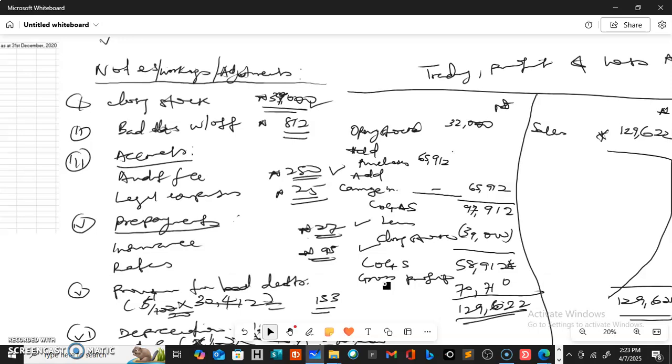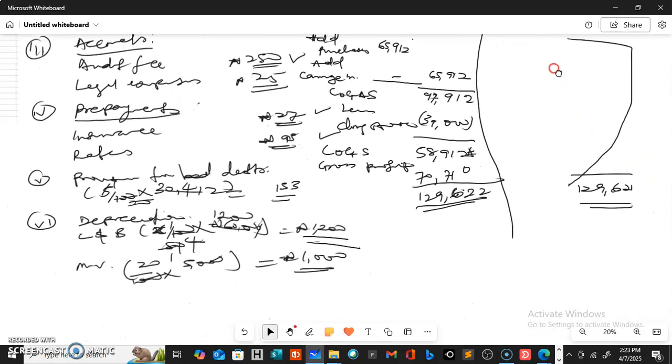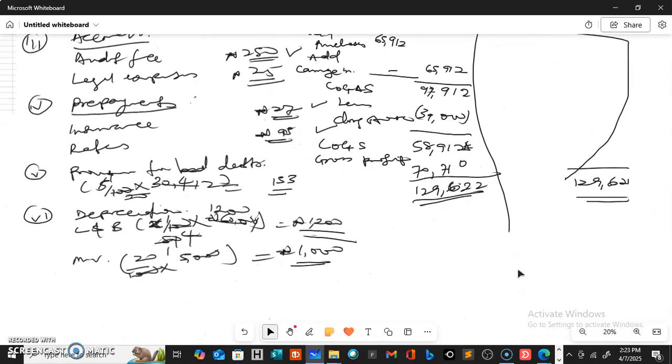So we have been able to calculate the cost of goods available for sale, which is 97,912. We're also able to calculate the gross profit, which is 70,710, which we're going to transfer to the P&L account.